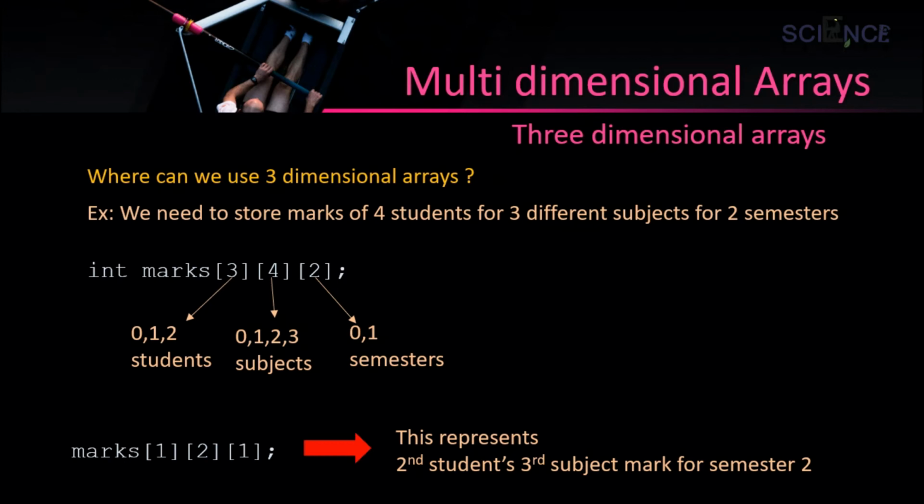So let's assume that we need to store marks of 4 different students for 3 different subjects for 2 semesters. So I need to consider 3 cases, and how many cases are there? Then 3 into 4 is 12, 12 into 2 is 48, right?